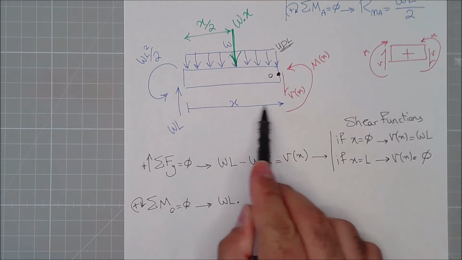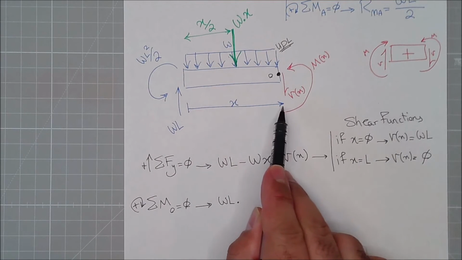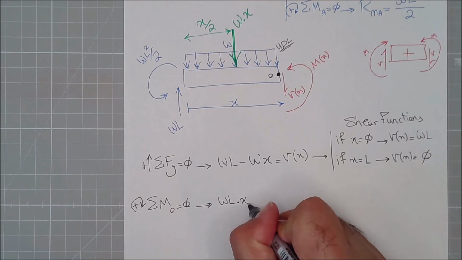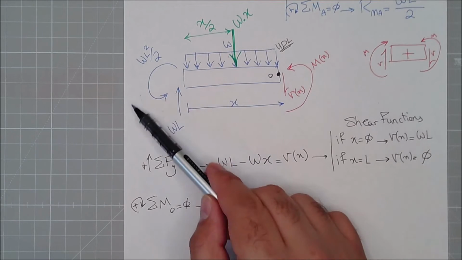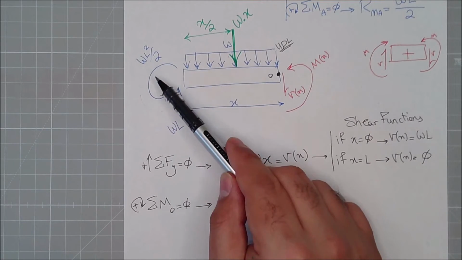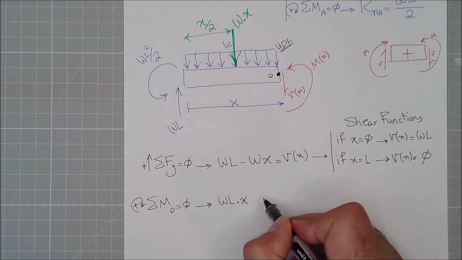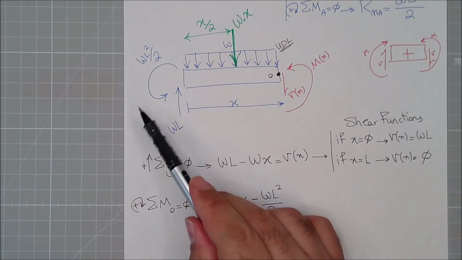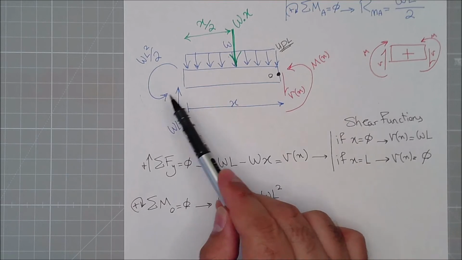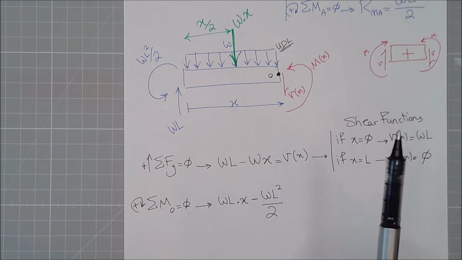What is its distance to that point, which is perpendicular, is x. I have this moment, which is counterclockwise, anti-clockwise, so it's negative whatever the value is. WL squared divided by 2. Remember, this is a moment, so it doesn't have a distance. It's a moment on its own.